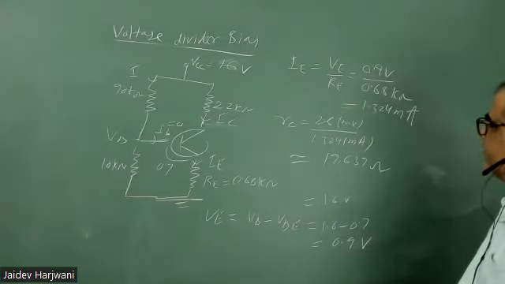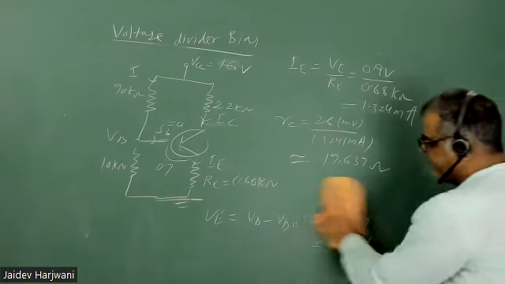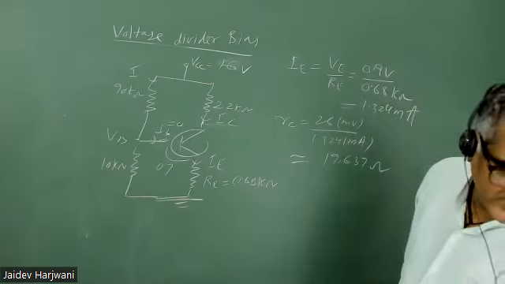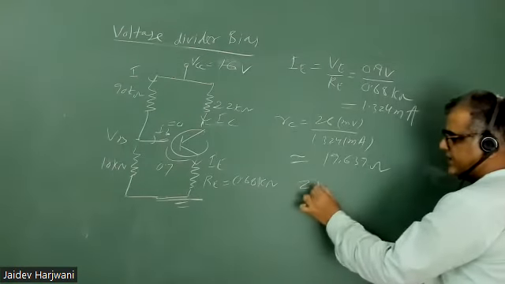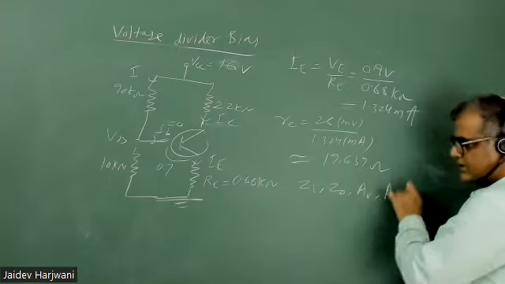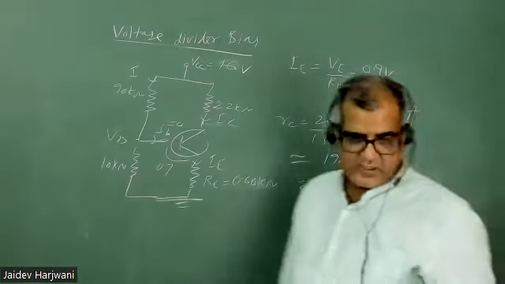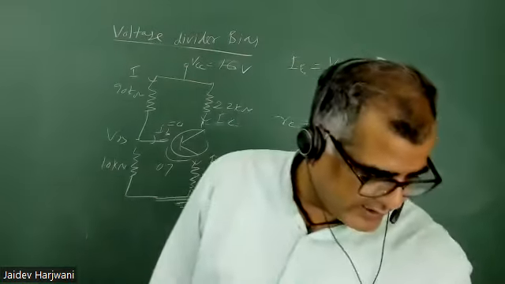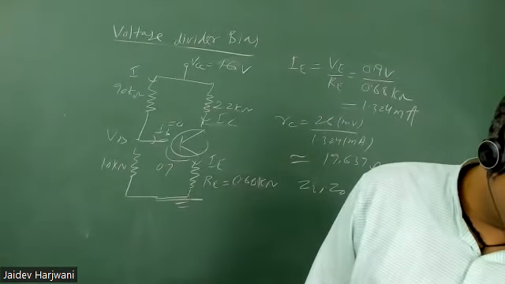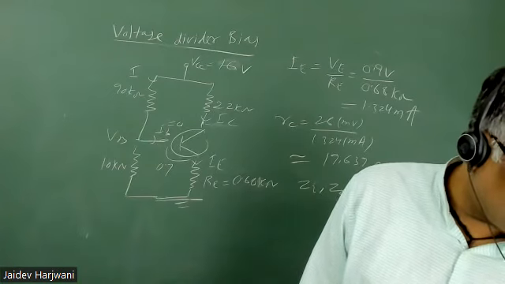Now please find out what I am telling. You need to find out Zi, Zo, Av, and Ai. This circuit I already solved, so you can directly use the formula. If you want, you can take Ro infinite.